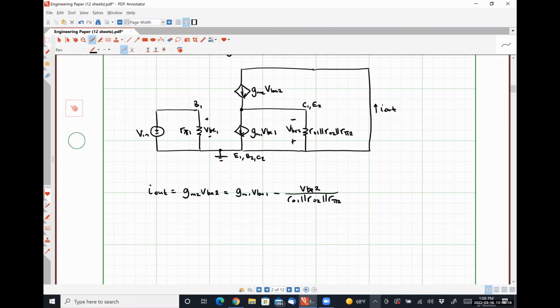All right, so a couple of things that we could recognize here. What's the relationship between Vn and VBE1? They are equal. So we can replace VBE1 here directly with VN with no loss of information.